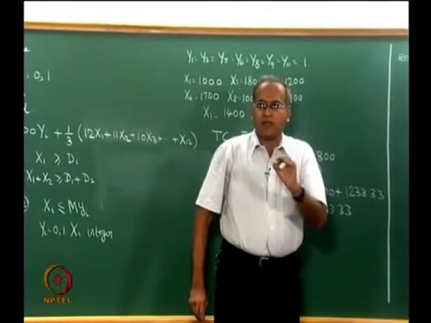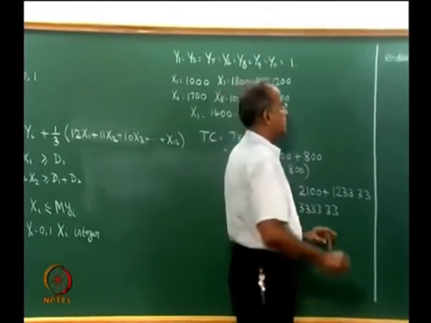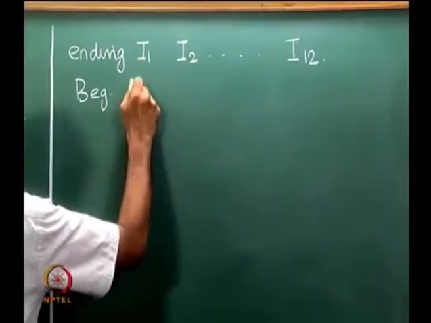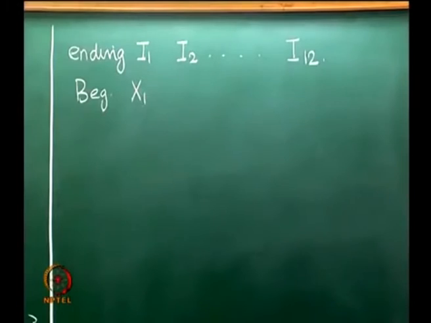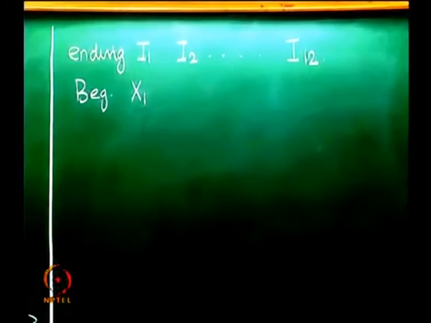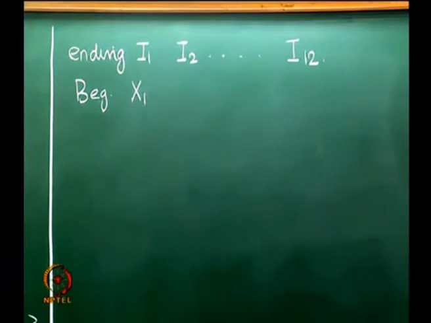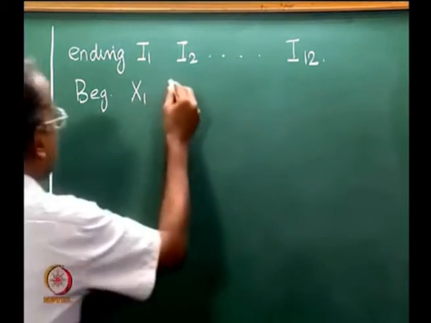So the order quantity is x1. So beginning inventory now will be 0 plus x1, which is x1 in the first period. At the end of the period, the ending inventory at the end of period 1 is I1. Now we order x2 in the beginning of period 2. So beginning inventory will be I1 plus x2.